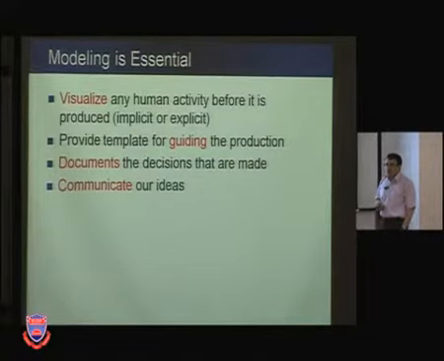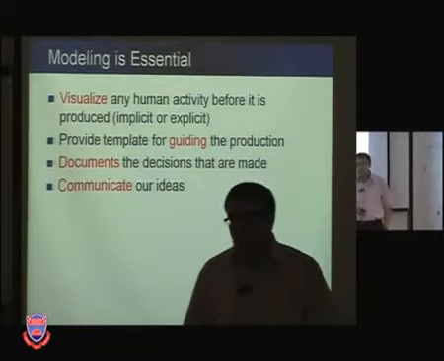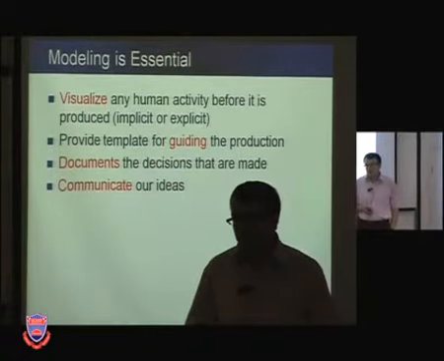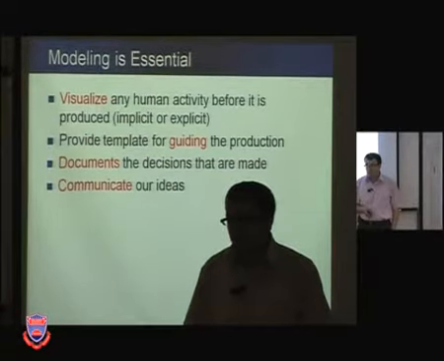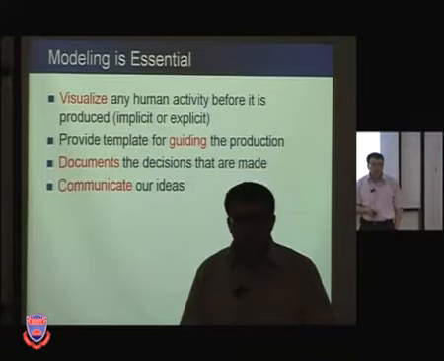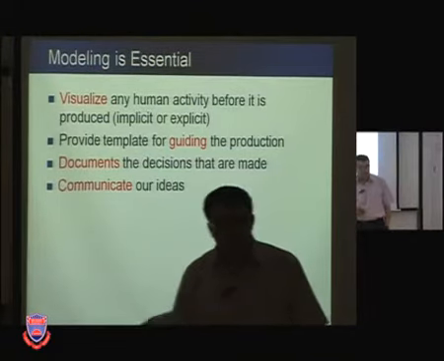They can document the decisions that are made, and last but not least, they serve for communication of our ideas. One of the motivations for architecture design was, as we said, also stakeholder communication. So in that sense, architectural modeling is also important.